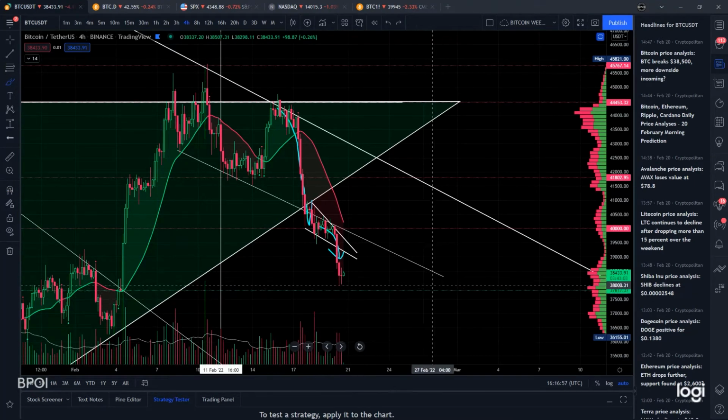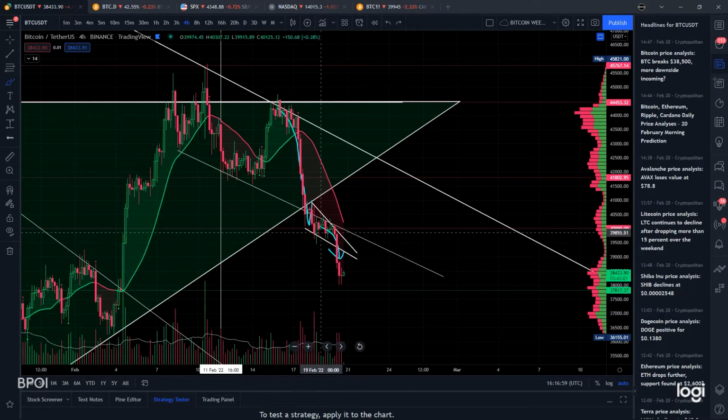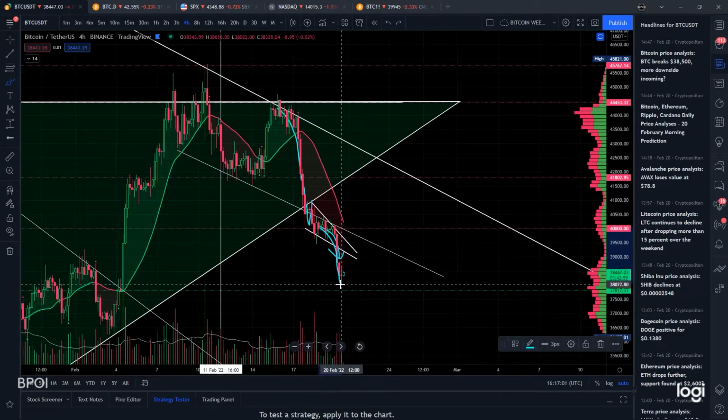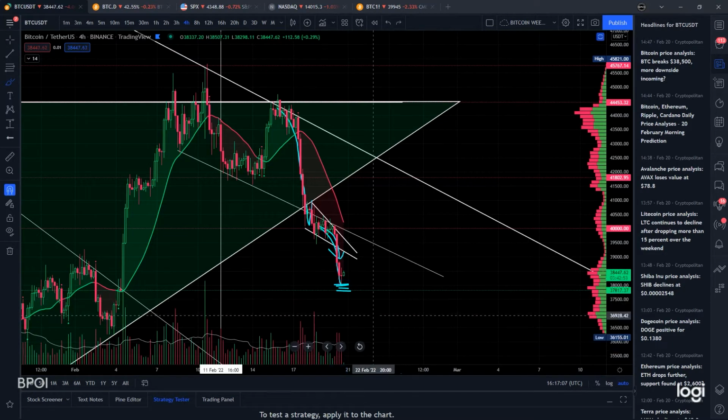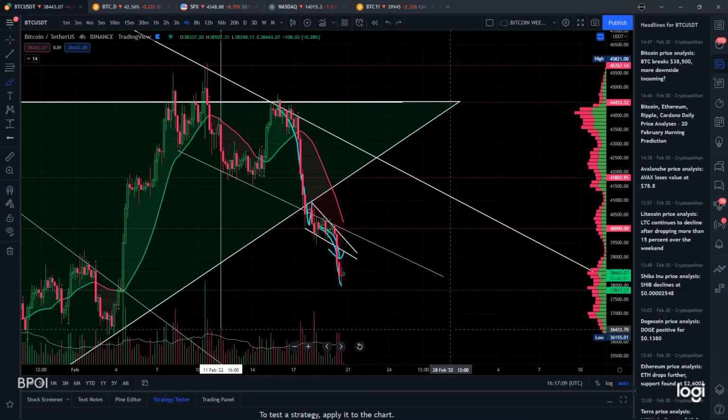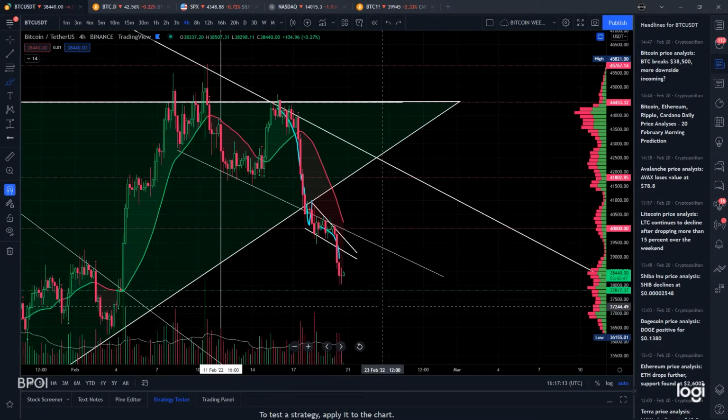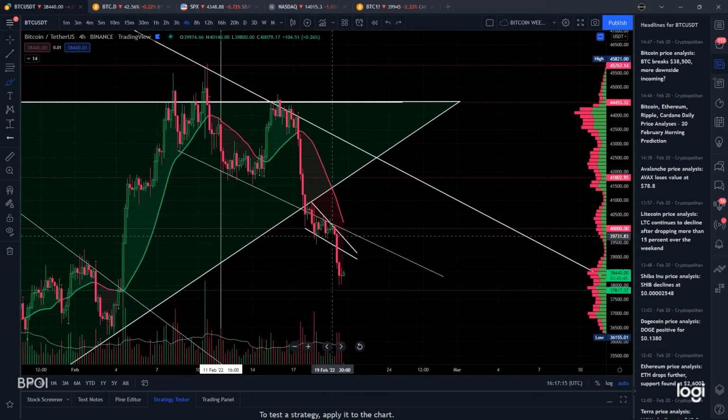Remember, when we put these support and resistance lines in, usually the price action doesn't hit these lines because people are trying to fill their orders before the resistance or support level gets hit. Okay, so we're keeping the support level in at 37,817, but it's just hovering above that level at the moment. Now, what am I expecting? Not too much at the moment, to be honest with you.